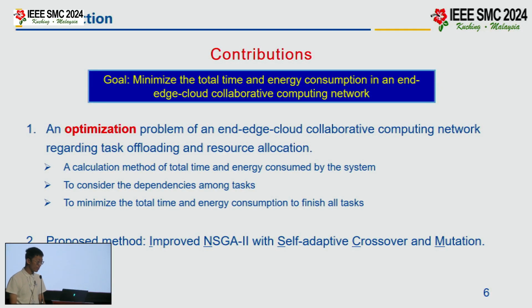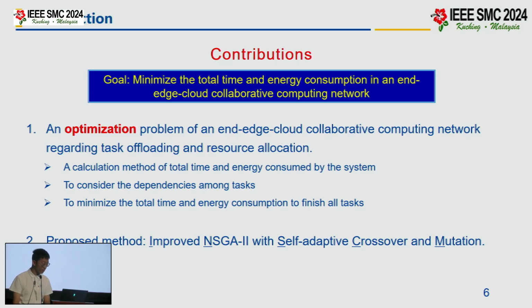So in our paper, we aim to jointly minimize the total time and energy consumption in an end-edge cloud collaborative computing network. There are 2 contributions. First, an optimization problem of an end-edge cloud collaborative computing network regarding task offloading and resource allocation is proposed.